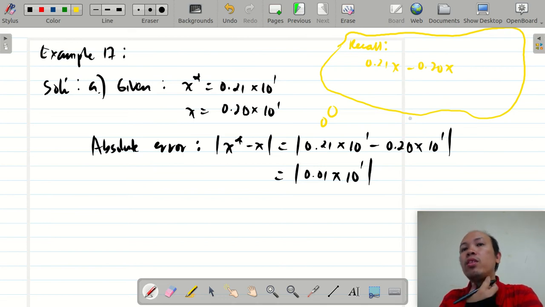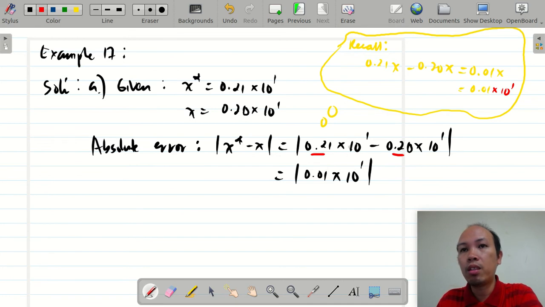So 0.21 minus 0.20 in algebra is 0.01 x, and we know that our x is times 10 to the 1, so 0.01 times 10 to the 1. The operation is just to subtract these two and then copy the variable.